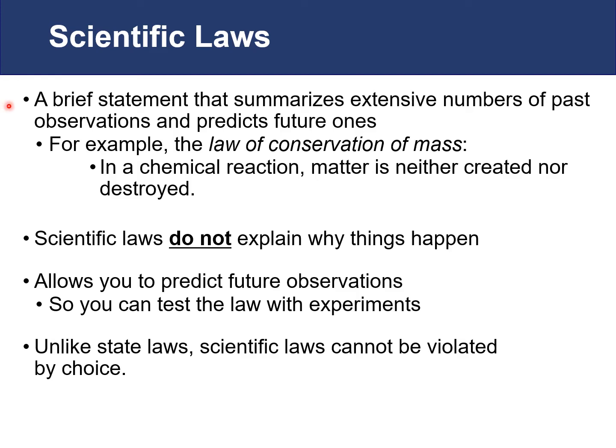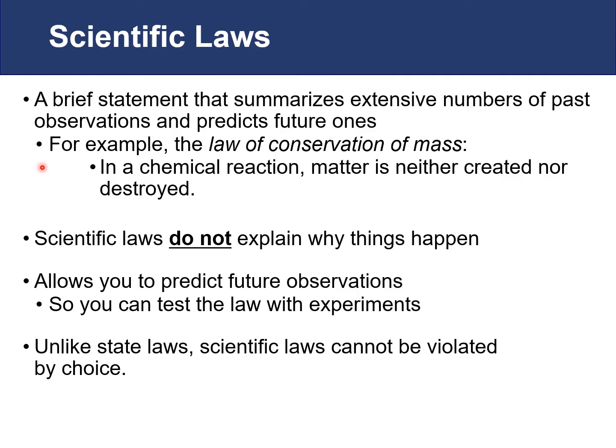Scientific laws are a brief summary of an extensive number of past observations and have the ability to predict future ones. So, for example, the law of conservation of mass states that in a chemical reaction, matter is neither created nor destroyed. The key component to a scientific law is that it does not explain why things happen.